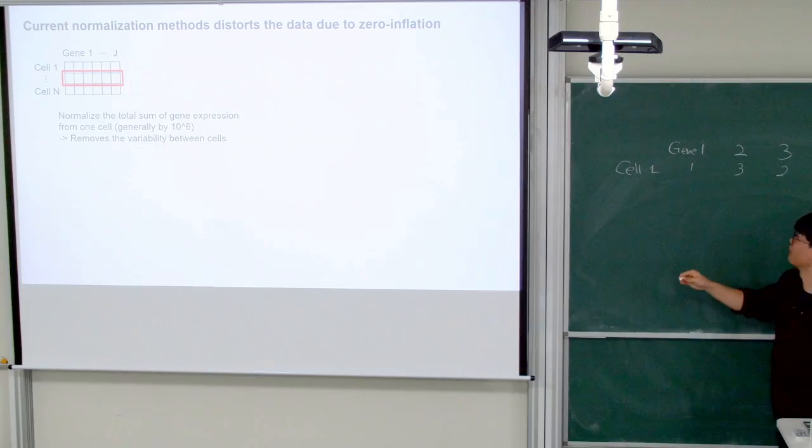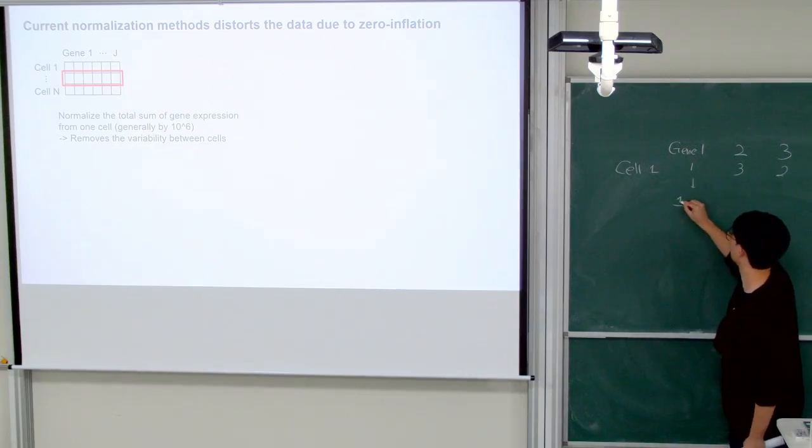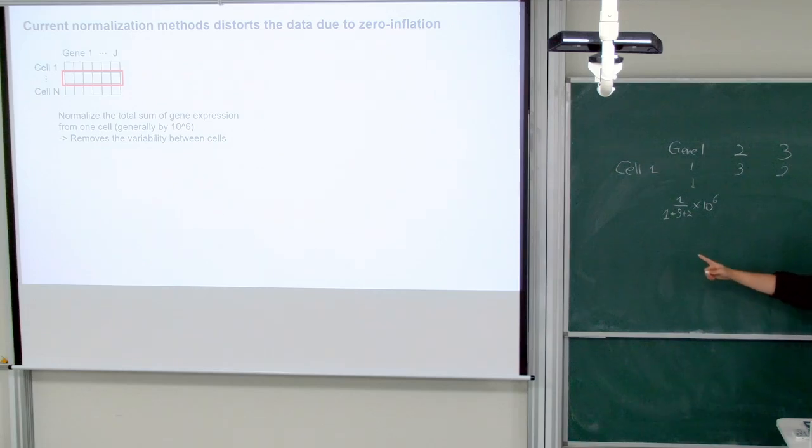Then how do we normalize this? 1 over 1 plus 3 plus 2, times 10 to the 6, and also for the other genes. So you mean that the total sum of the genes, you want to make 10 to the 6, regardless of the cell. Everyone get the point?